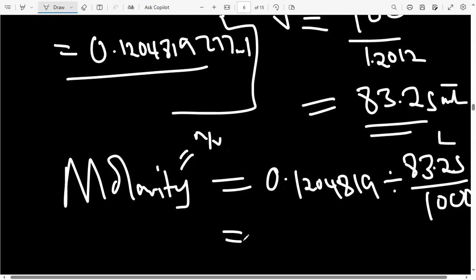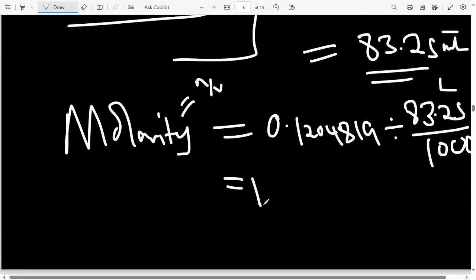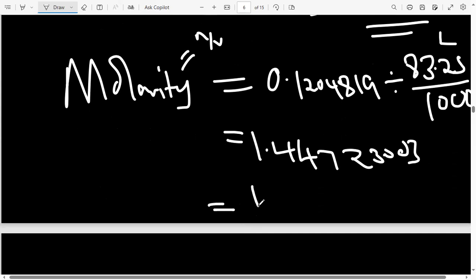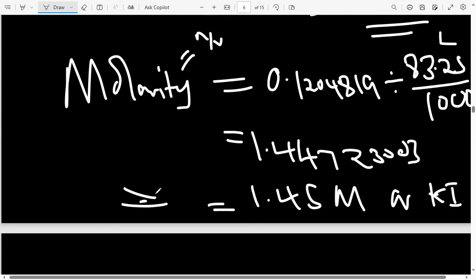We have 0.1204819 divided by 83.25 divided by 1,000. Okay, so I'm getting 1.44723003 as my molarity. So I'm just going to say this is the same as 1.45 molar of potassium iodide. So this is how we find the molarity.